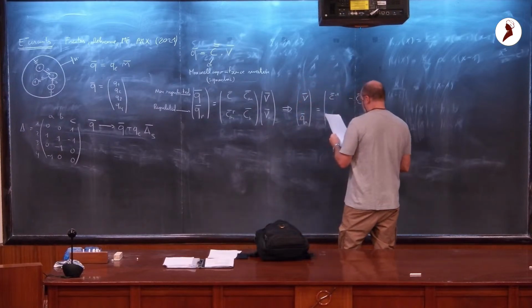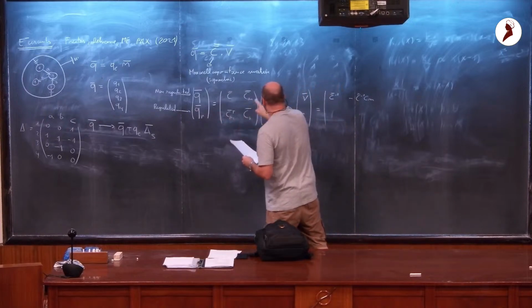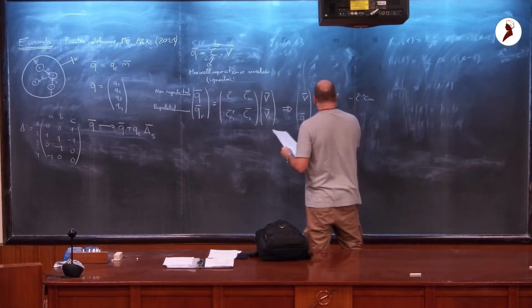But since QR acts on V and Vr, you can write it down explicitly.